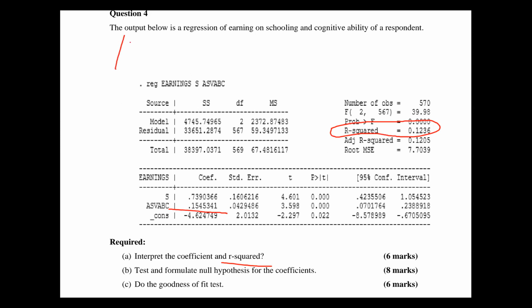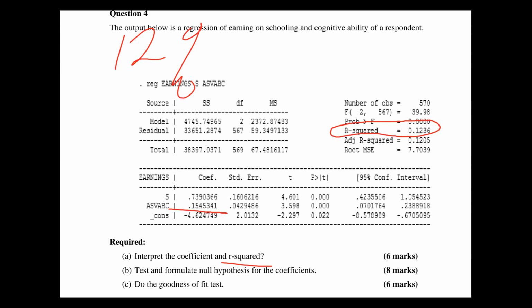Which is 12%, right? So you can say that only 12% of variance in earnings is explained by schooling and the cognitive ability of a respondent.